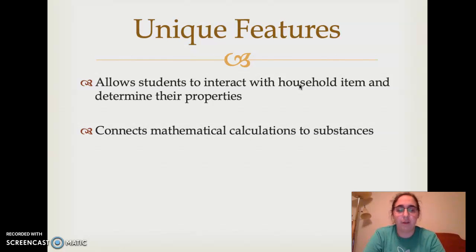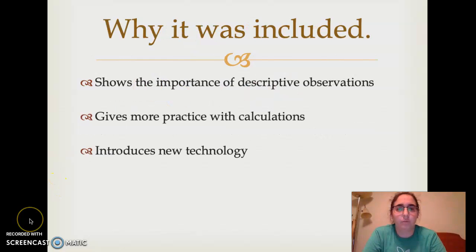There were 3 reasons that I included these 2 labs into the acid and base unit. The first one was to show the importance of being descriptive in your observations, so being really specific about the stuff you were observing so that it distinguishes the substances from each other. The second one was to give more practice with calculations.